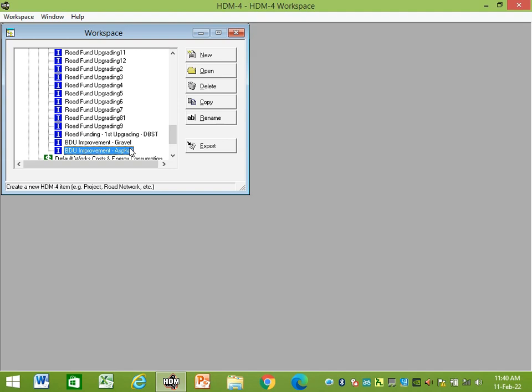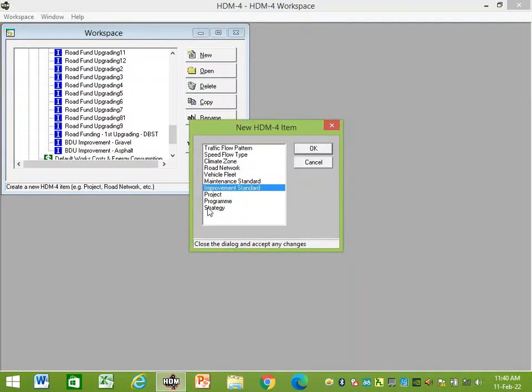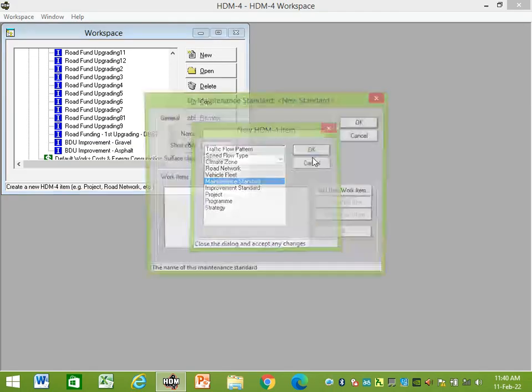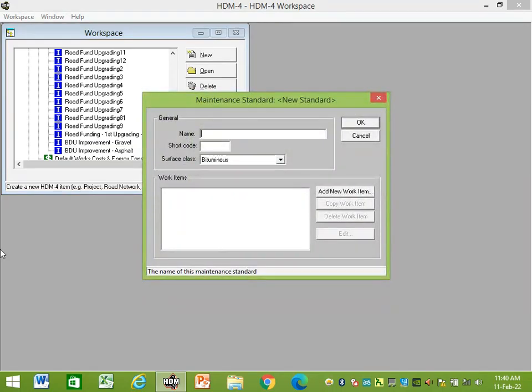Now we have to go to maintenance. The roads have to be maintained, so we have to create for maintenance too. We go to new and then maintenance. Maintenance standard for maintenance. Okay?